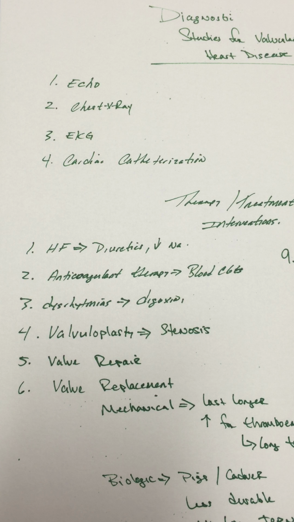If it is likely that these patients may suffer from blood clots, they may put them on some anticoagulant therapy, some Coumadin, warfarin. If dysrhythmias are present, you may give something like digoxin.